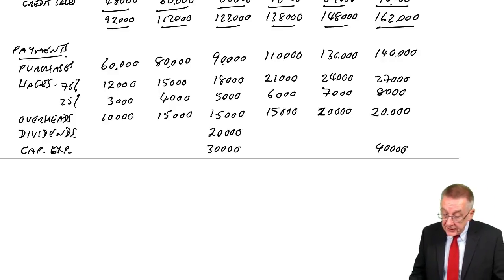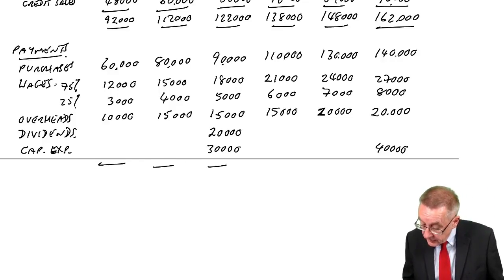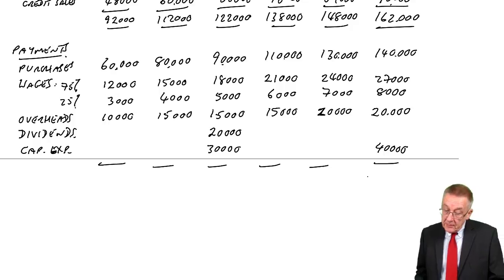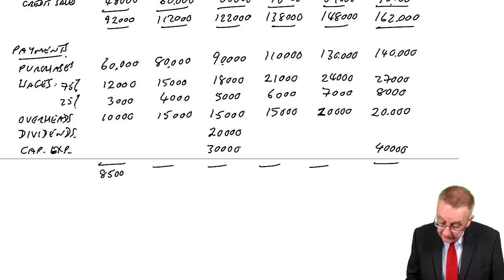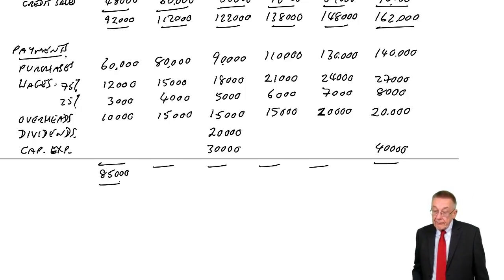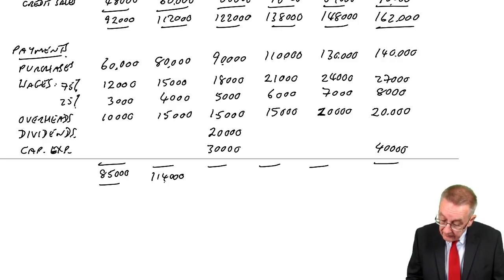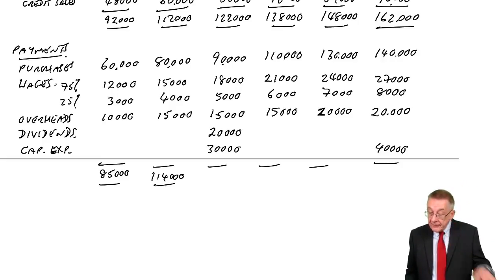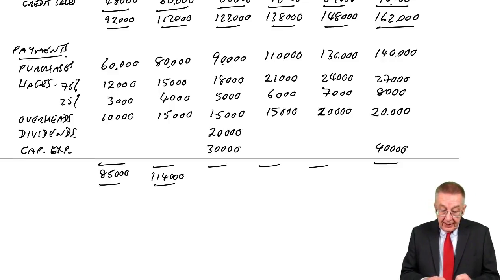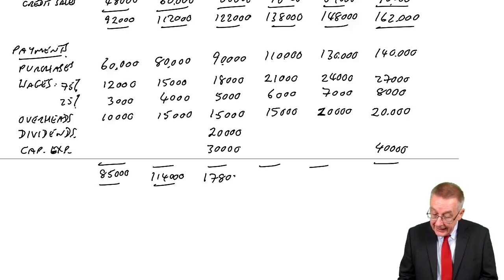So we've got all the payments there. So what's the total payment each month? In January, 85,000. In February, 114,000. In March, I better use my calculator to be safe. 90 plus 18 plus 5 plus 15 plus 20 plus 30. 178,000.